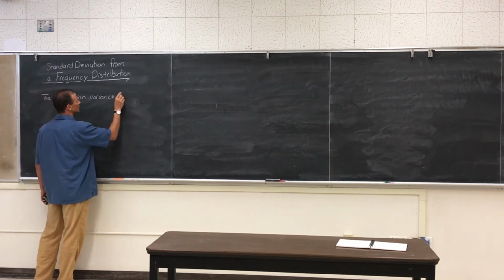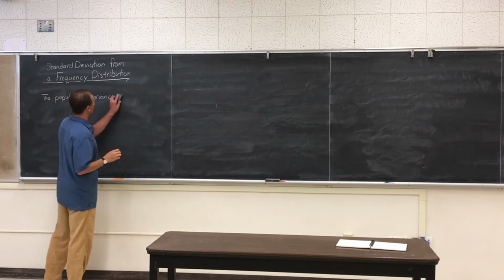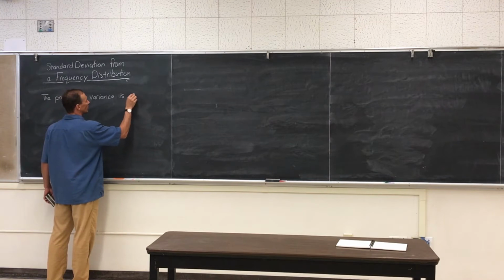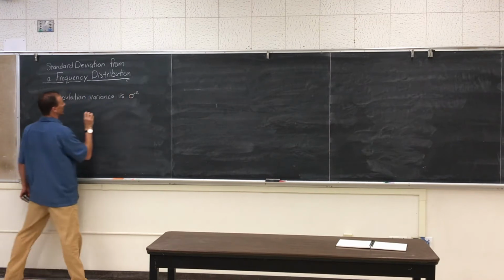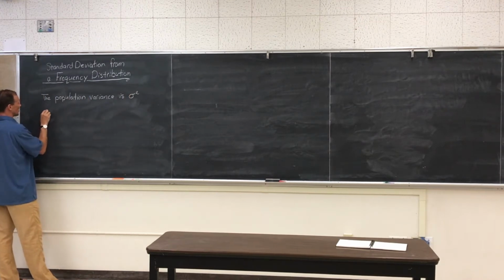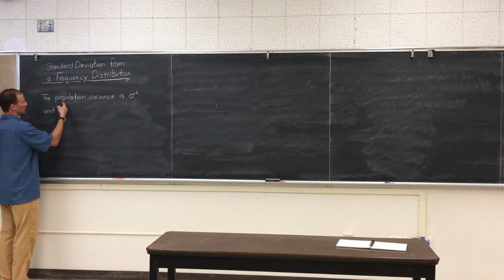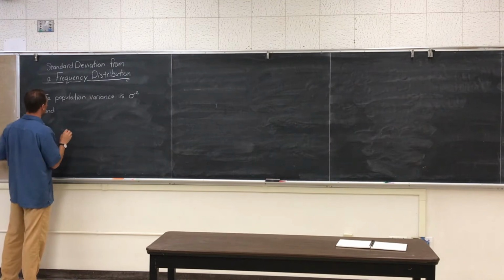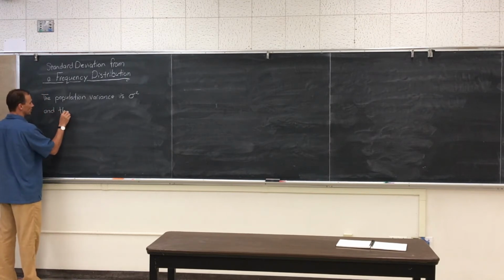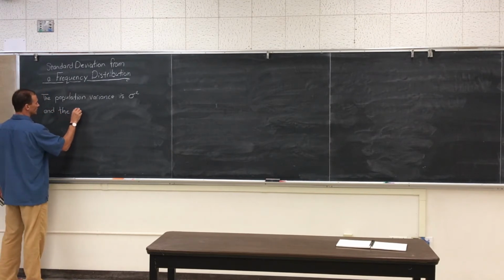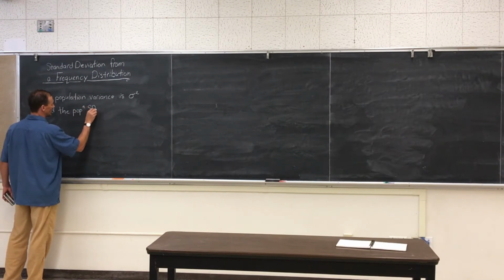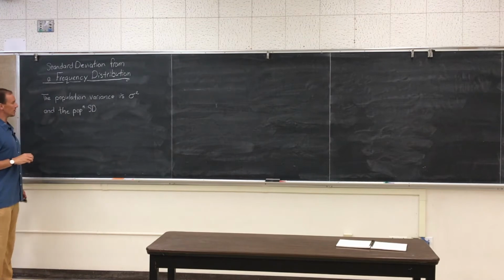The population variance is sigma squared, and I'm going to abbreviate population like this, and the population standard deviation, we're going to just use that like we did in our last class.